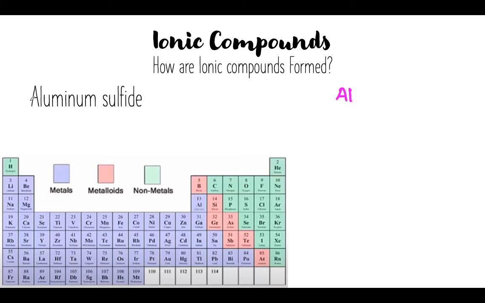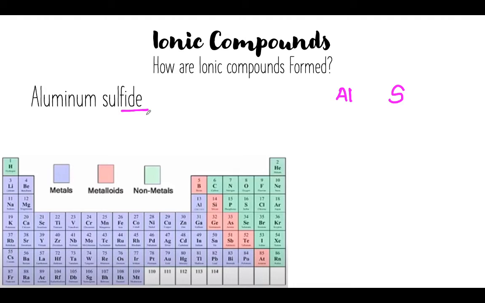So aluminum is Al, so I'm going to write Al over here. I've got my second element, which is sulfur, which is over here. Now it's shown as sulfide, but remember in the previous example that we just did, the nonmetal always has its ending changed to IDE. That's why we see it as sulfide. But we know that it is sulfur.